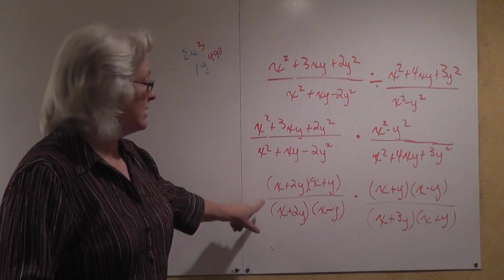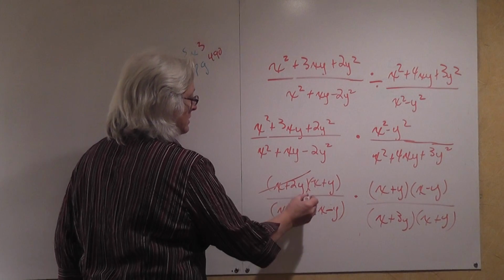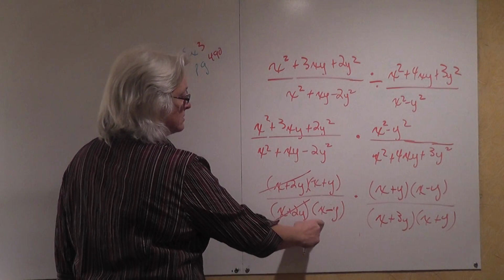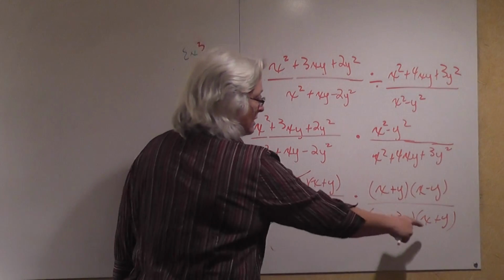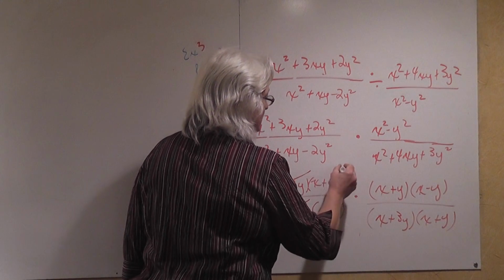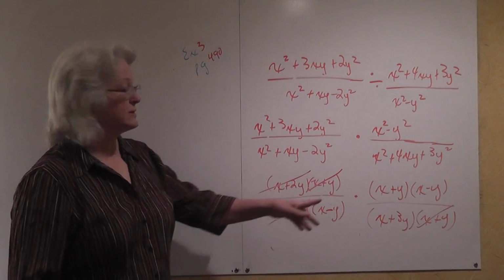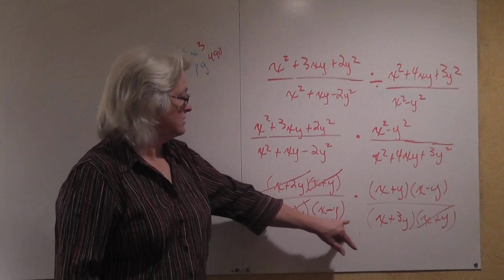X plus 2y, x plus 2y. As long as you have the same factor in the numerator and the denominator, it cancels. X plus y, x minus y. Is there an x plus y in the denominator over here? Yes, so we can cancel that. Next factor in the numerator is x plus y.